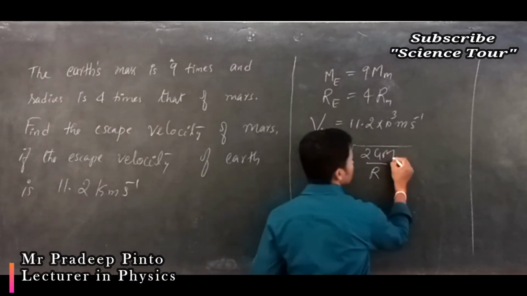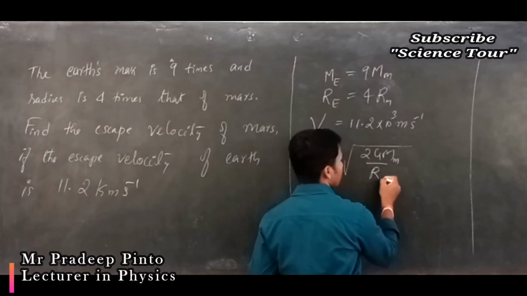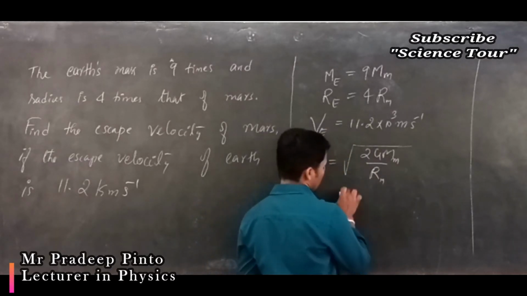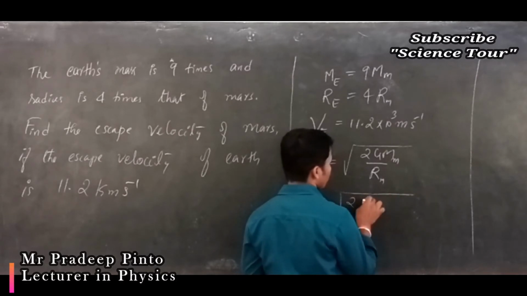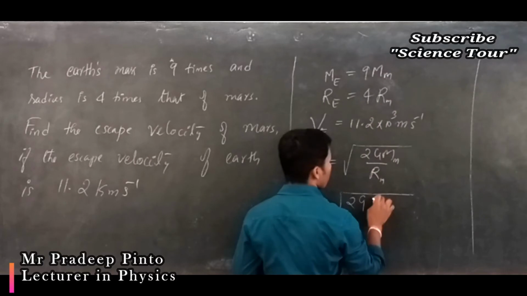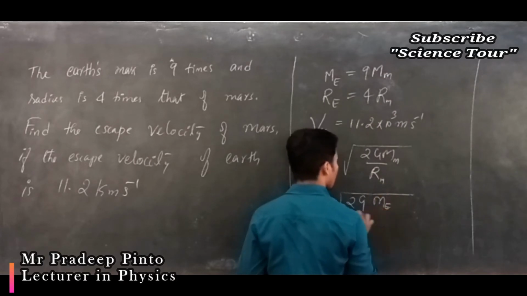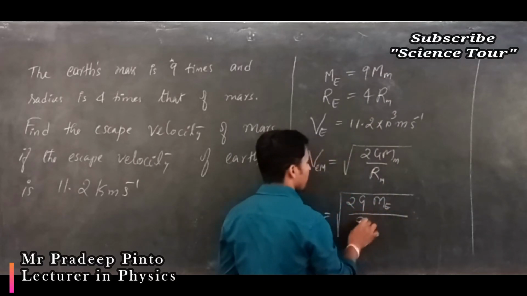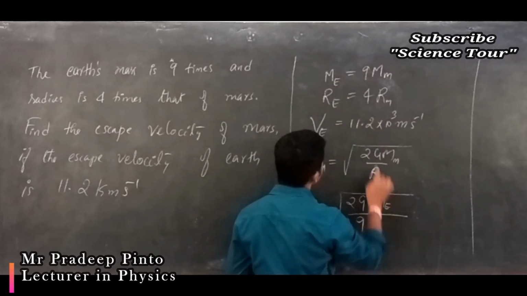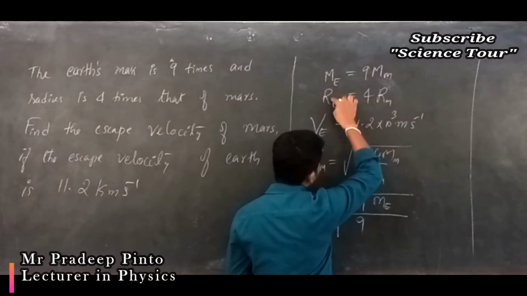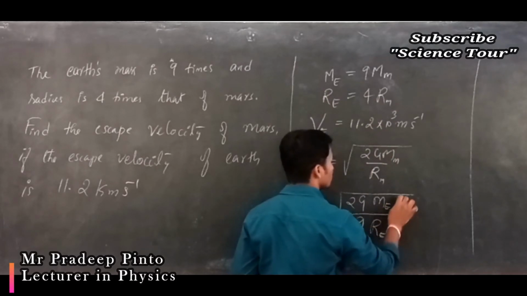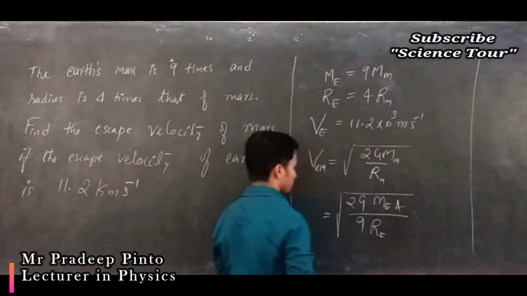So this becomes the mass of Mars and the radius of Mars, which is equal to square root of 2 into G. Mass of Mars is mass of the earth divided by 9, and the radius of Mars is R_E divided by 4, so R_E divided by 4 goes to the numerator, that becomes 4.